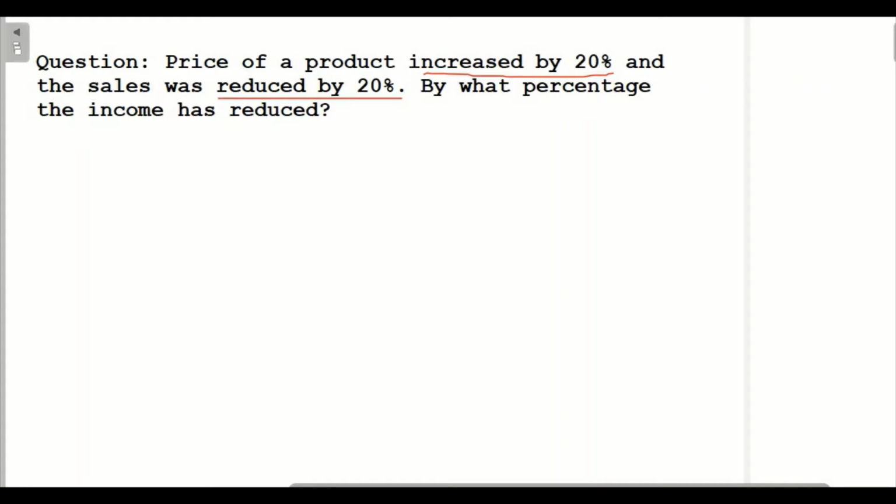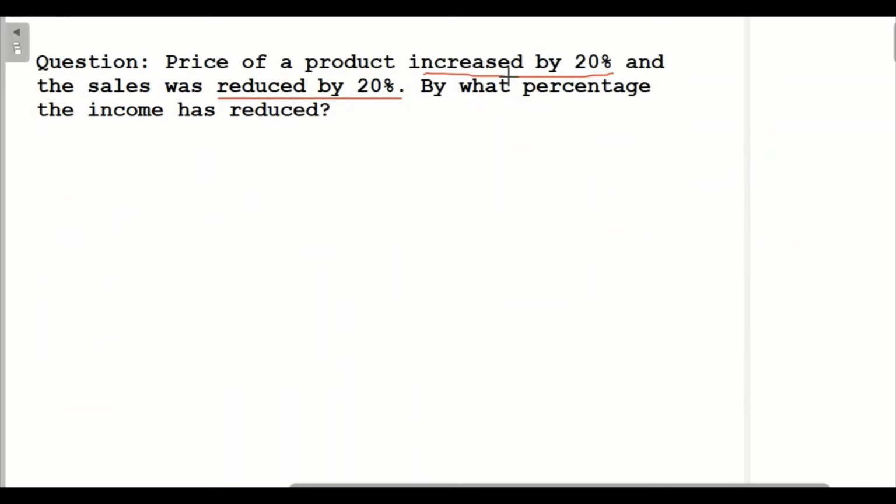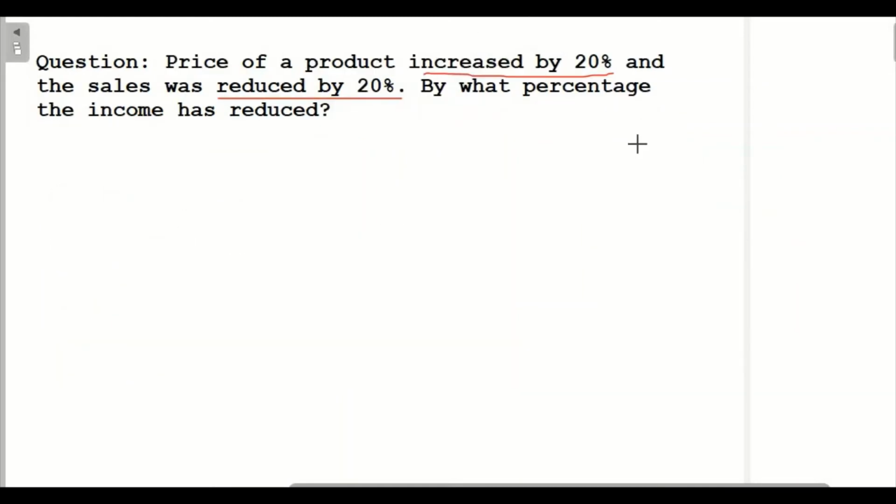You can use the earlier formula, but there is no need, because there the percentages were different, 10 and 30, but here the percentage is the same. So we don't want to use the other formula. So here we have the formula.